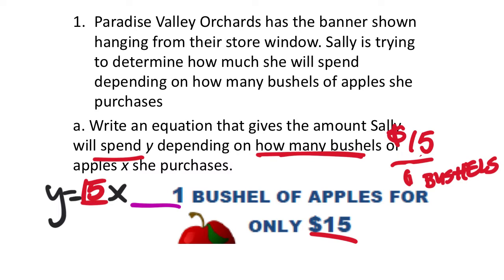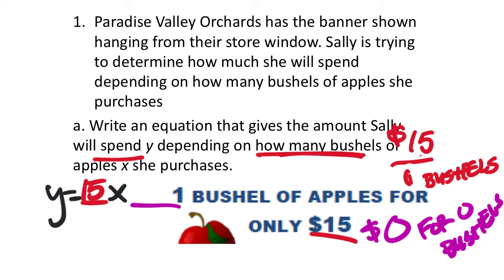The next thing we need to do is find the y-intercept. Now the y-intercept would be how much it would cost for 0 bushels. And yeah, it doesn't indicate that there's any kind of fee on this thing, so it would just be $0 for 0 bushels, which also represents the origin if we graph this, which we're going to.